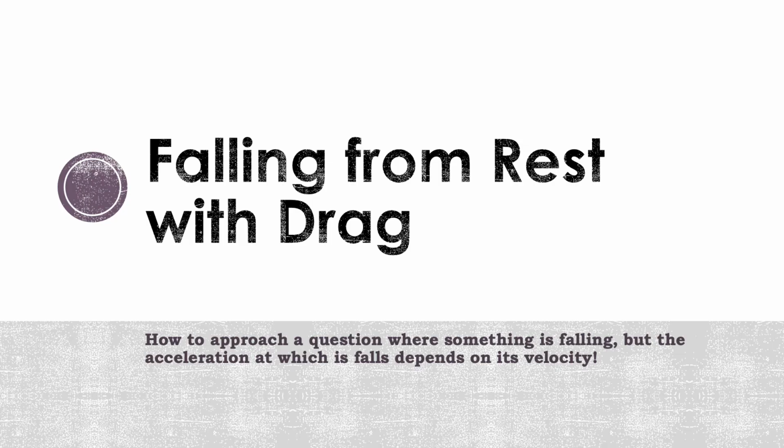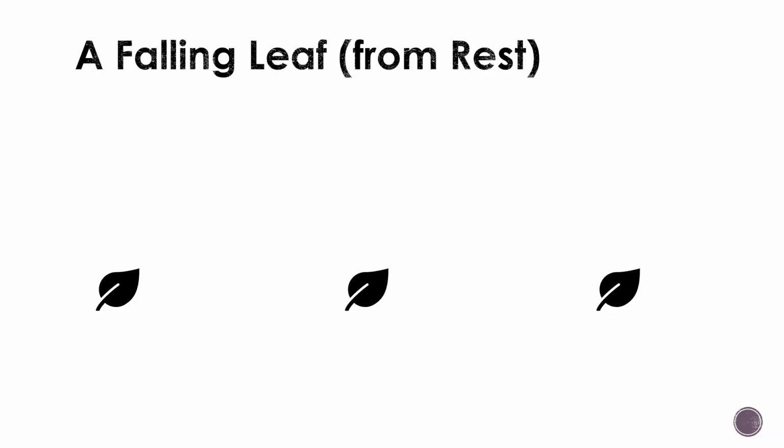Let's talk about falling from rest with drag. Okay, how do we approach a question where something is falling, but there is actually air resistance? So a perfect example of this would be a falling leaf. A leaf is going to have considerable air resistance pushing back on it. So how does the motion of a leaf happen when it falls?